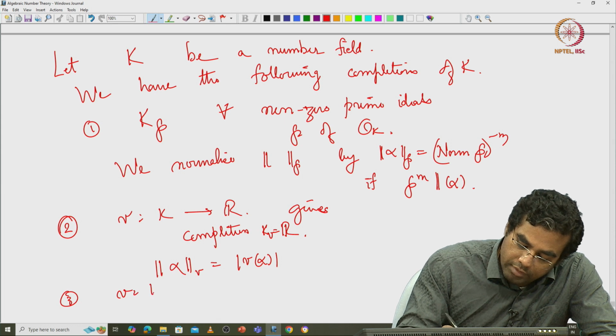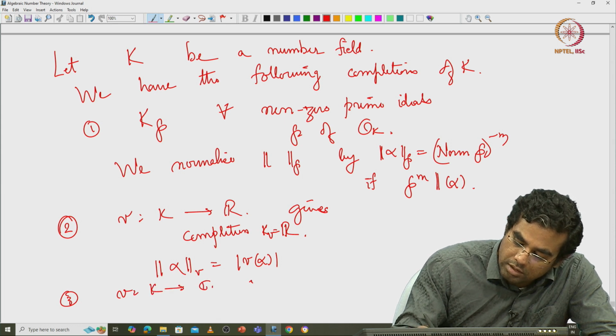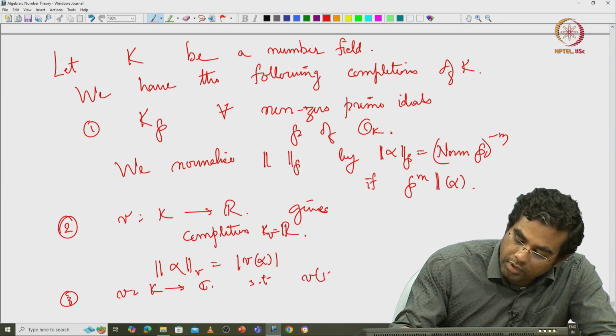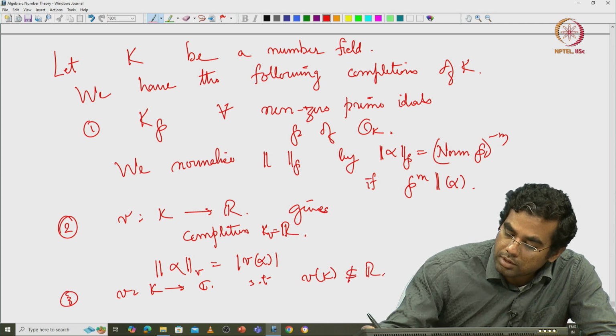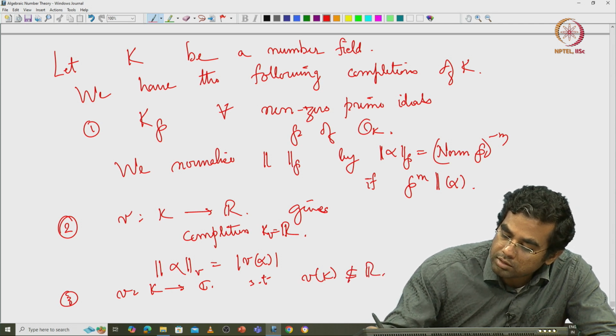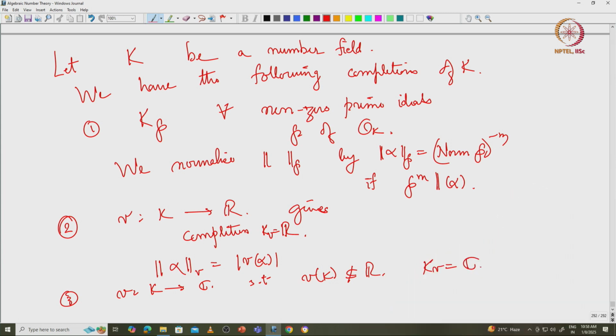Or you take V from k to C such that V of k is not contained in R. This gives completion C, and how do I normalize this? This is normalized by taking mod of V alpha and squaring it, right?